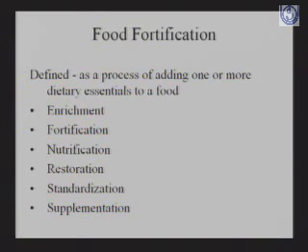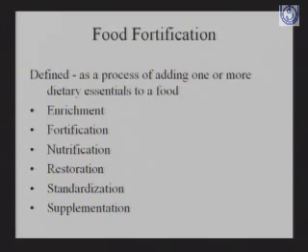Fortification: you can fortify with synthetic vitamins and minerals. Nutrification: nutrients which are deficient in your diet, vitamin A, vitamin B, you can add, so this is called nutrification. Restoration: certain vitamins and minerals are lost during processing, preparation, and manufacturing, so you restore them by addition.